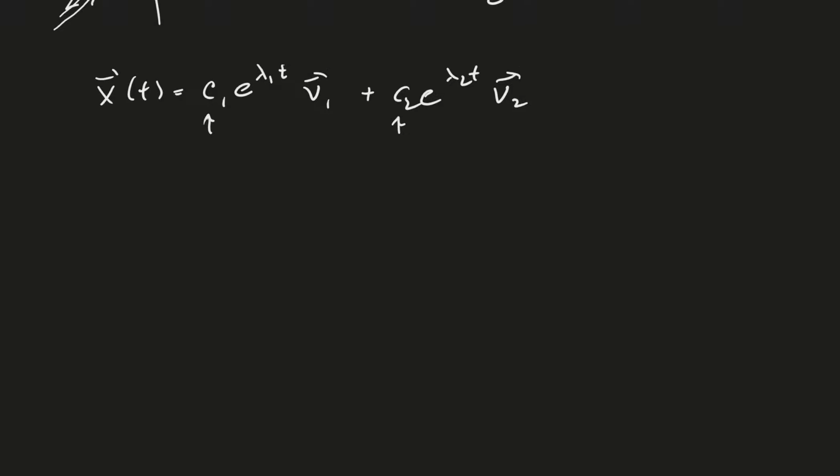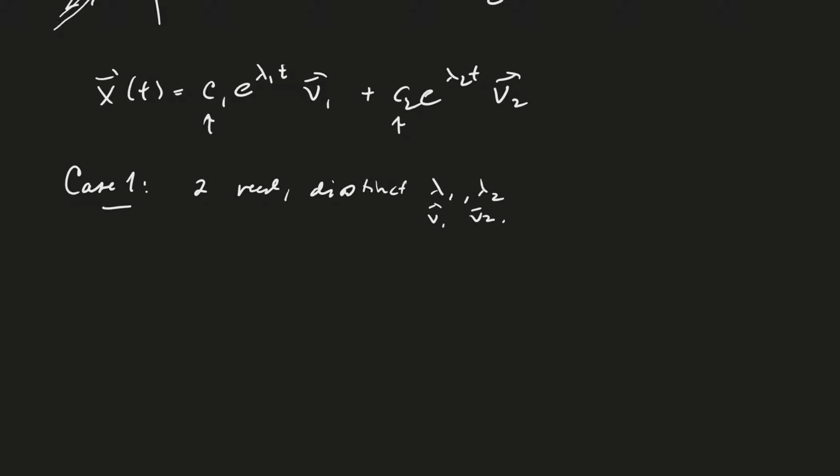Good, so we're going to try to look at solutions over all possible c1 and c2. And so again, our case 1 is going to be two real distinct lambda 1, lambda 2 with corresponding vectors v1 and v2.